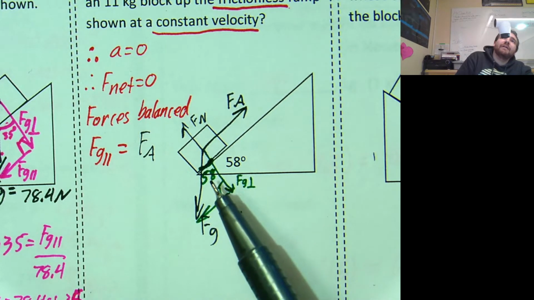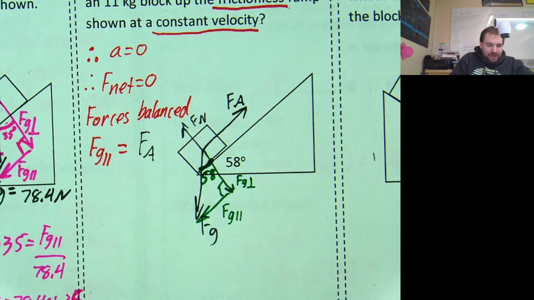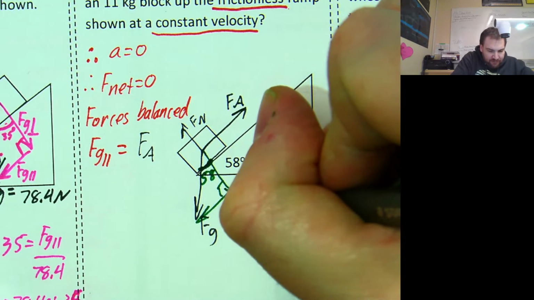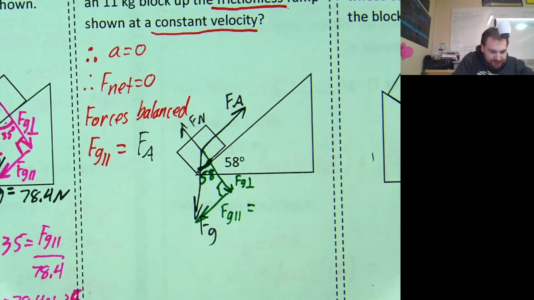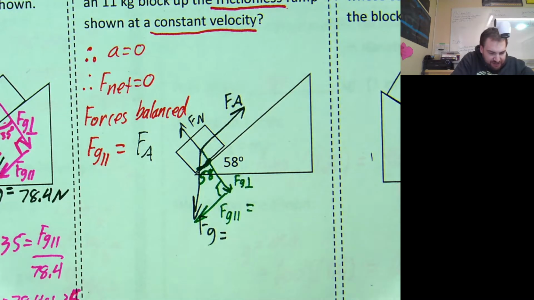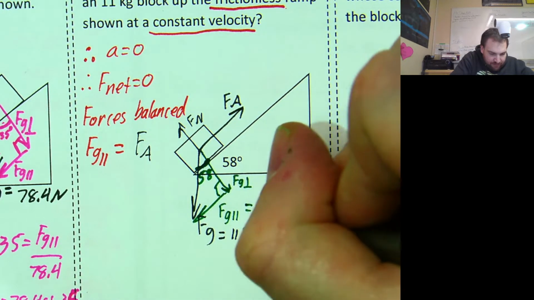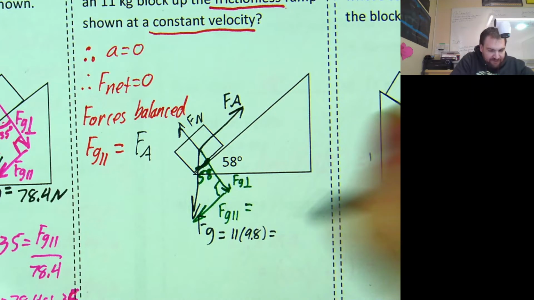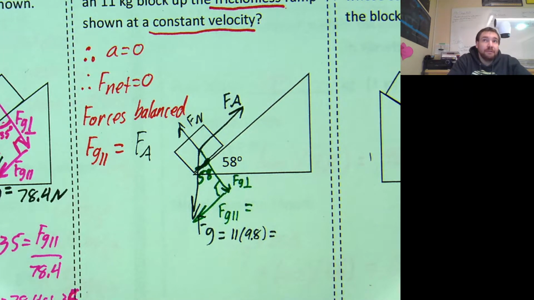Oh, and we could have figured out what Fg was earlier. Fg is going to be 11 times 9.8. What's that value? 107.8.